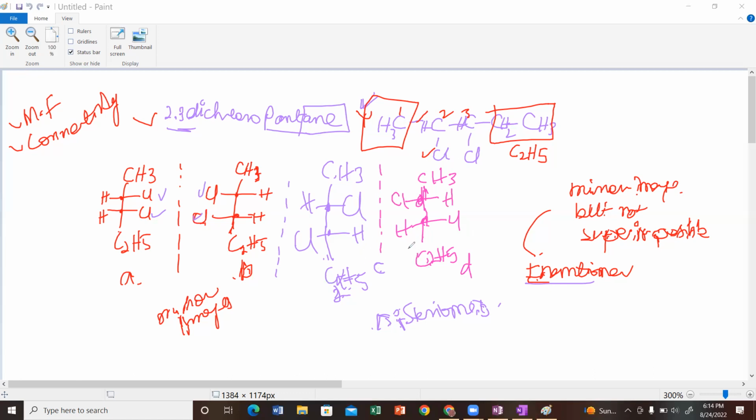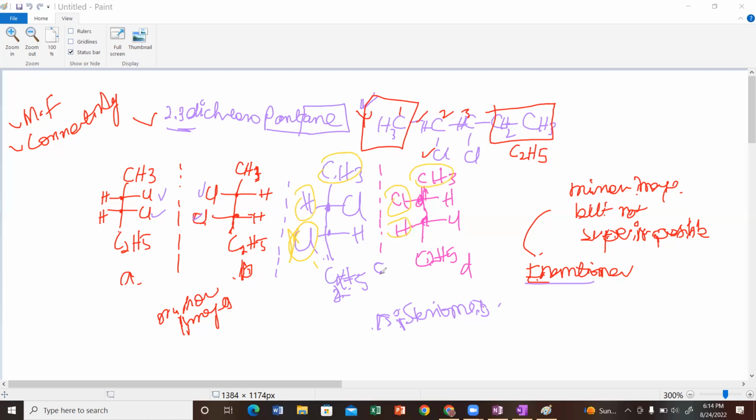So we can say that C and D are mirror images. But are they superimposable? If I keep structure D on structure C, what would happen? This chlorine will face this CH3 and hide this CH3, but this hydrogen cannot hide this chlorine. That means these are mirror images, but they are not superimposable.